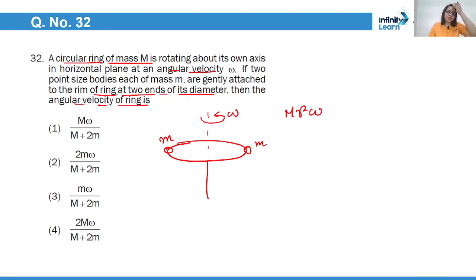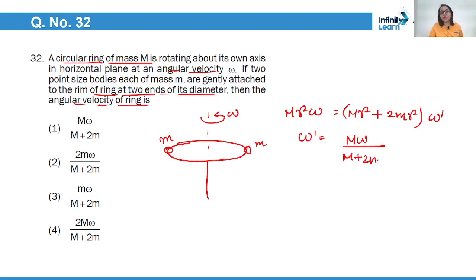In this case, angular momentum will be conserved. So initial angular momentum is equal to final angular momentum, which is m r square plus 2m r square into, let's say, new velocity omega dash. So omega dash will be m omega divided by m plus 2m, which is option 1.